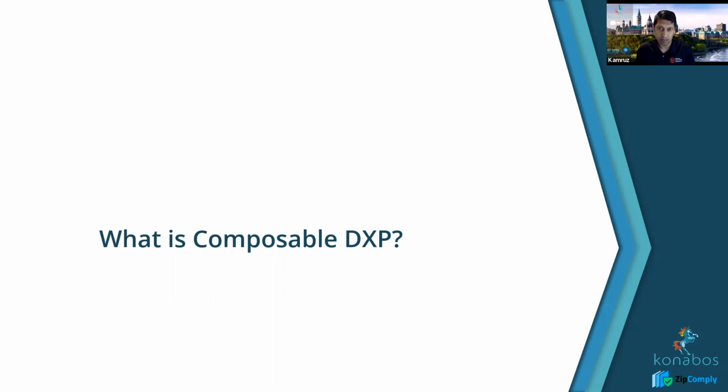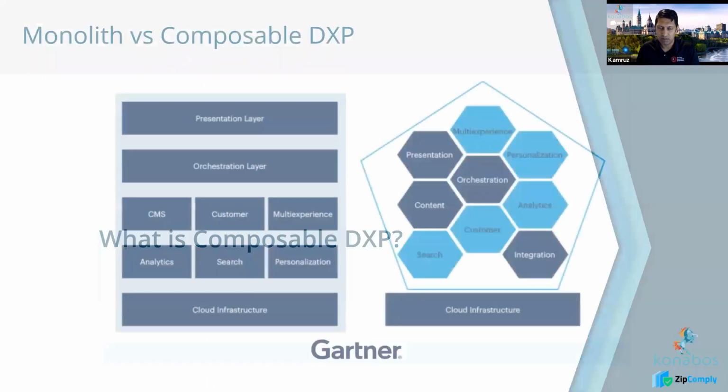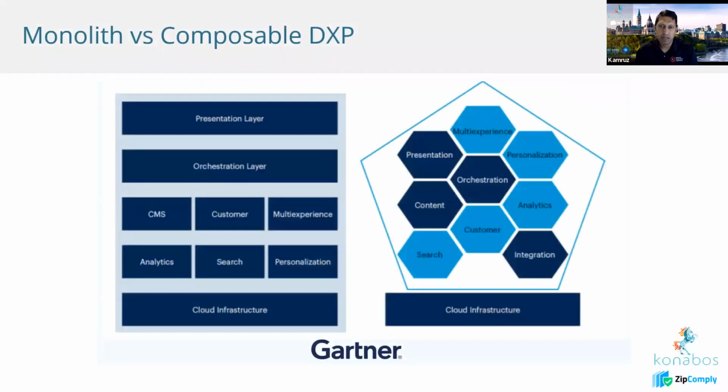We've seen OrderCloud, Moosend, Personalize, and the CDP, and Discover for search. I think I might have missed a couple of bits, but yeah, there's been a lot of movement in this composable space, and it's the big buzzword, right?